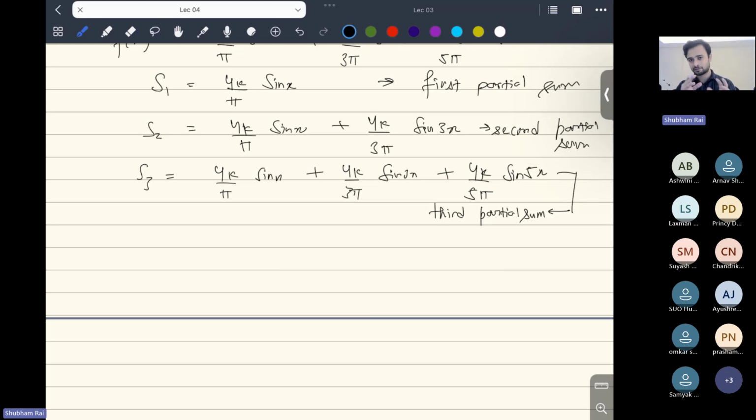Let's say you plot sin x, and then you plot some number of terms of the Taylor series. You will see that the polynomial will try to approximate the sine curve, but up to a certain limit only. After that, it will diverge. But this Fourier series will cover these periodic functions for x going from minus infinity to infinity.